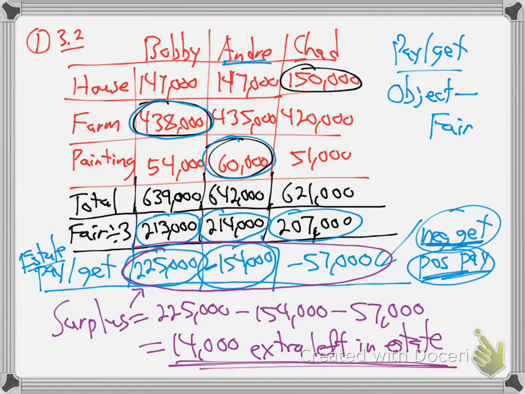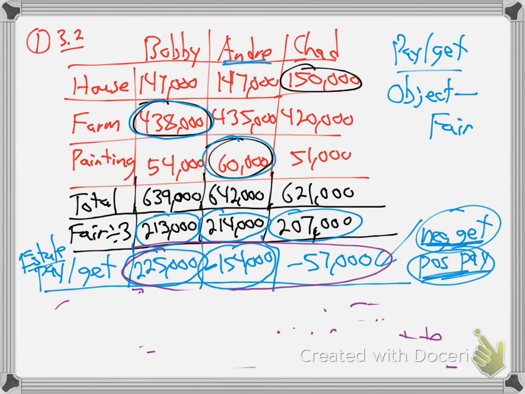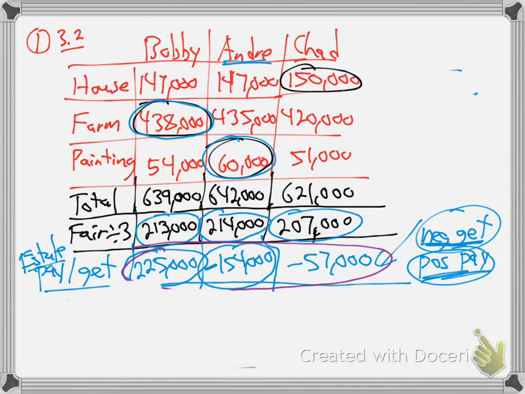So let me go back to our screen. Okay, so the surplus is the 14,000. One more time, over here, let me erase this and say surplus.